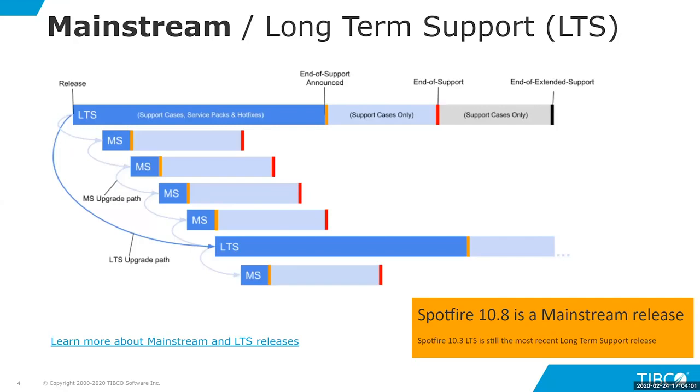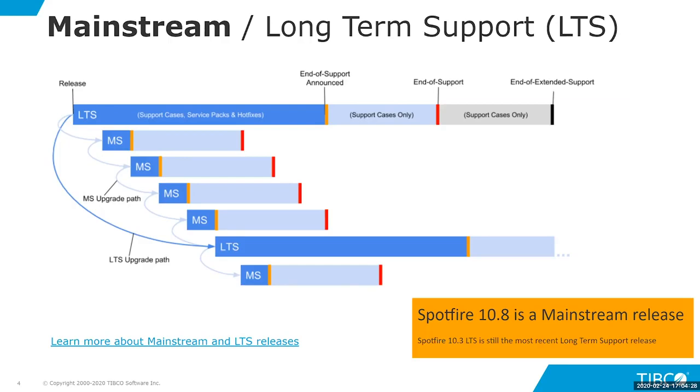To start off, Spotfire 10.8 is a mainstream release. That means that Spotfire 10.3 LTS is still the most recent long-term support release, and it's of course still under support as such. I predict that there is going to be a question about when the next Spotfire LTS release is coming.